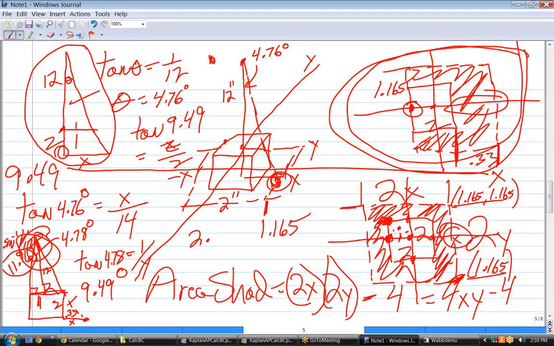It's 2.33 times 2.33. Ooh, that's interesting. That's going to be the same number. It gives you the same shadow size.